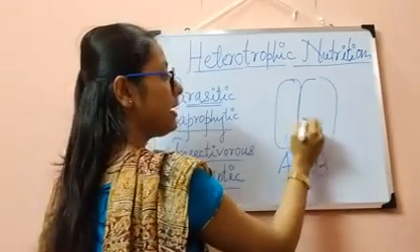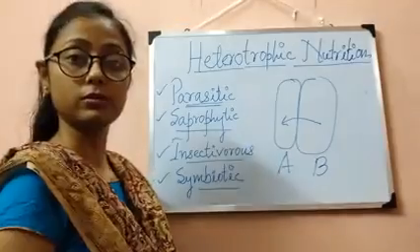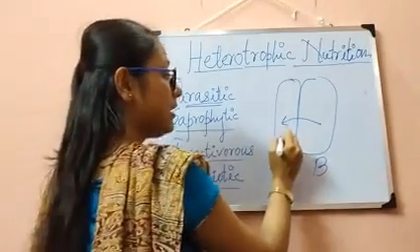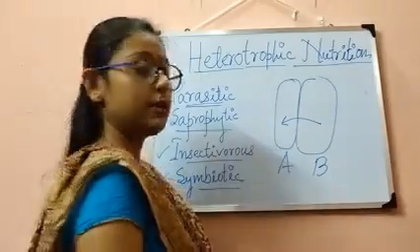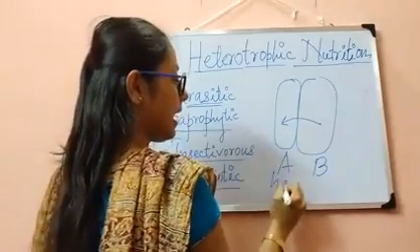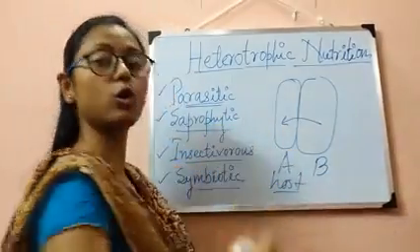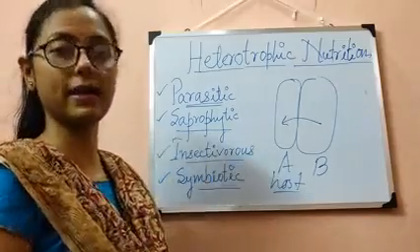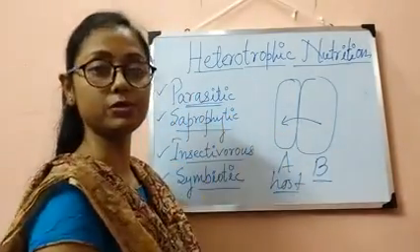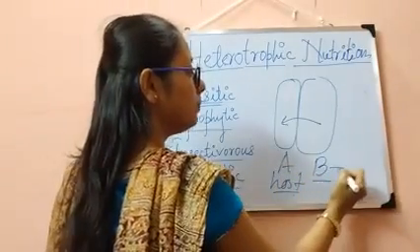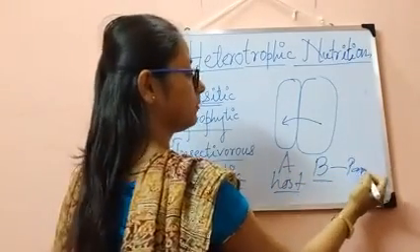Suppose B depends on A for the food. A is the helper and B depends on A for the food. Then we call A the host, host body or host organism, and B gets benefited from the host. So we call B the parasite.